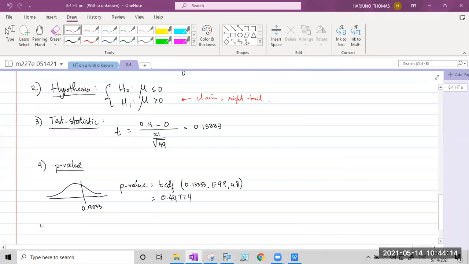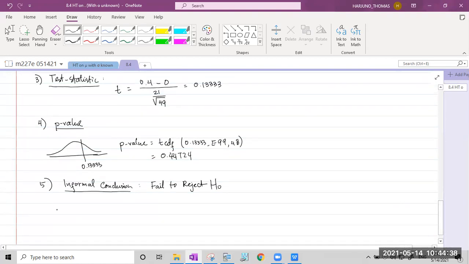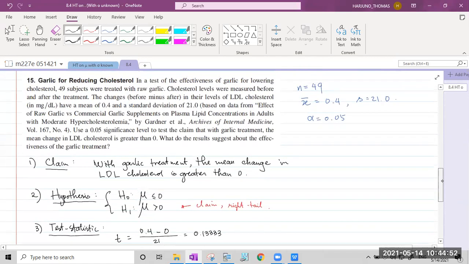Okay, and then step 5, the informal conclusion: fail to reject the null hypothesis. And then step 6, conclusion. At what percent? 5%.